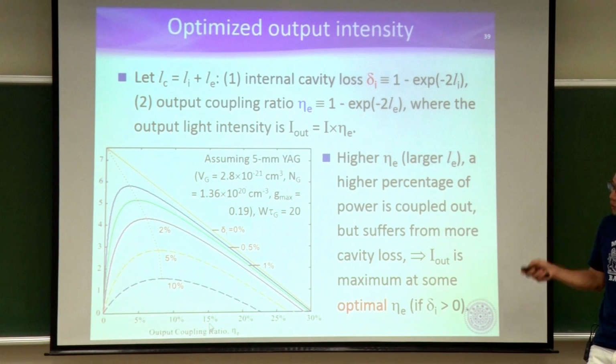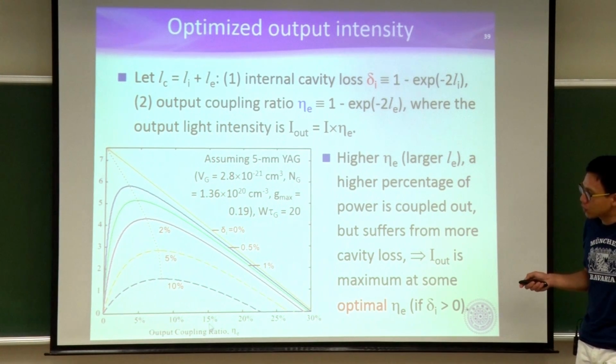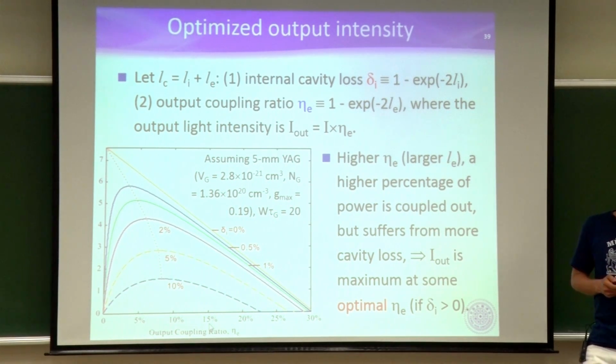If you have a smaller output coupling ratio or even a larger one, you always get lower output intensity. So this is the optimal position, the optimal output coupling ratio. But it's only valid when your internal cavity loss, delta I, is 10%.